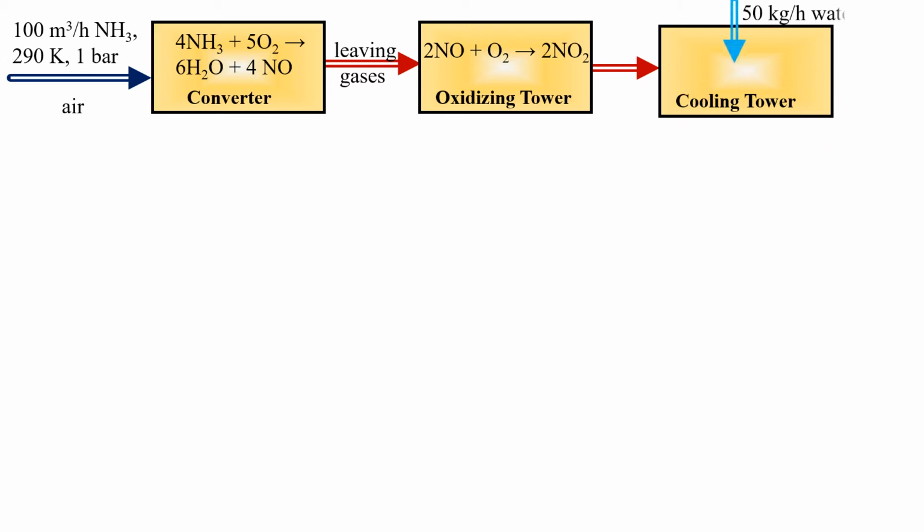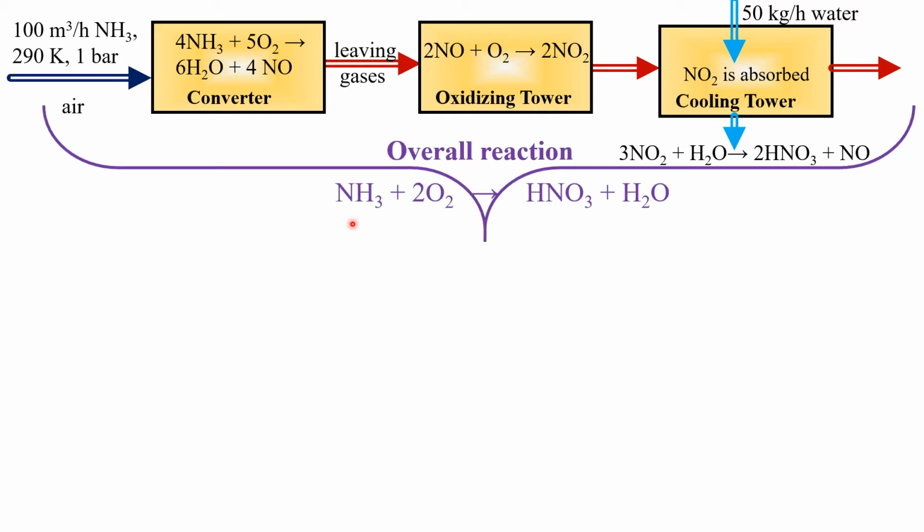In the cooling tower, water is coming at 50 kg per hour, and NO2 is absorbed; NO2 and H2O react, giving HNO3 plus NO. Again the gas will leave the cooling tower, and the overall reaction is also given, that is NH3 plus 2O2 gives HNO3 plus H2O. So this is the overall process.